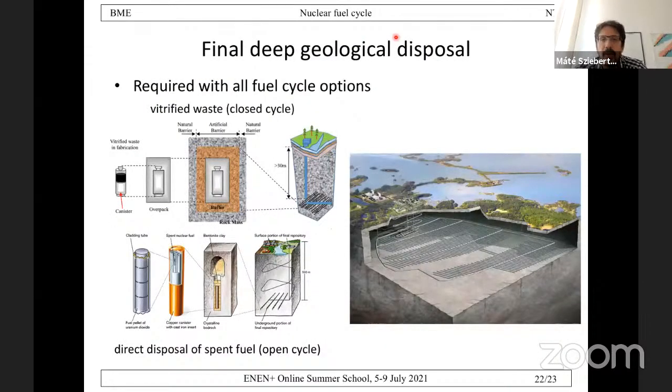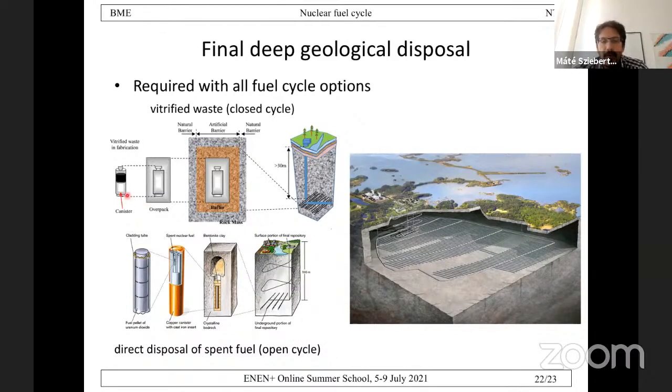And finally, again, with all fuel cycle options, you have some kind of waste which needs deep geological disposal, either as a vitrified waste in the closed cycle, or as the direct disposal of the spent fuel in an open cycle.